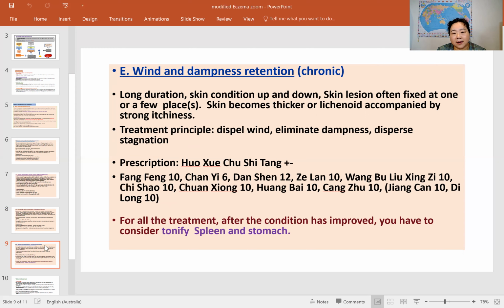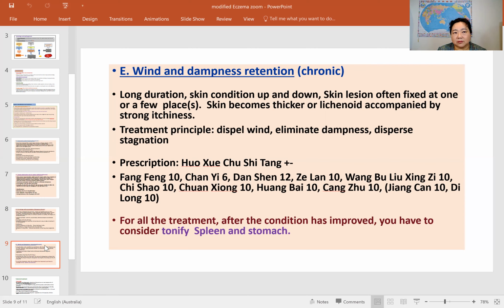take your time. For all the treatment above, after condition has improved, you have to consider tonify spleen and the stomach. You have to tell patient, because some patient after a long time drinking this bitter decoction, they have had enough.